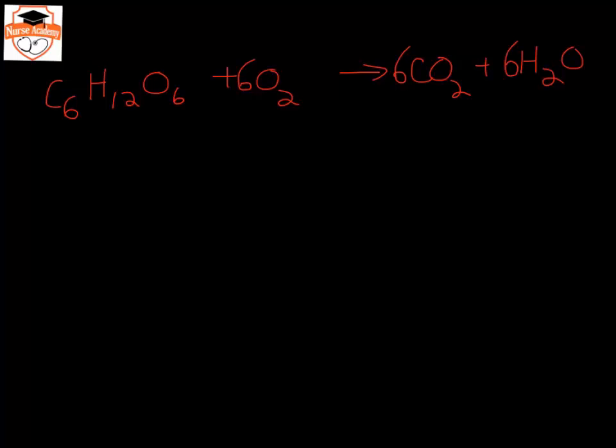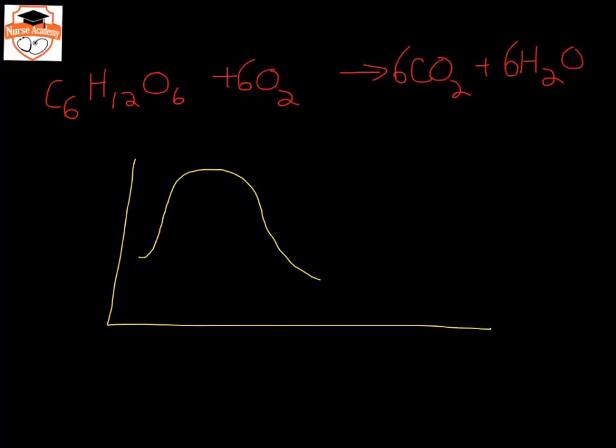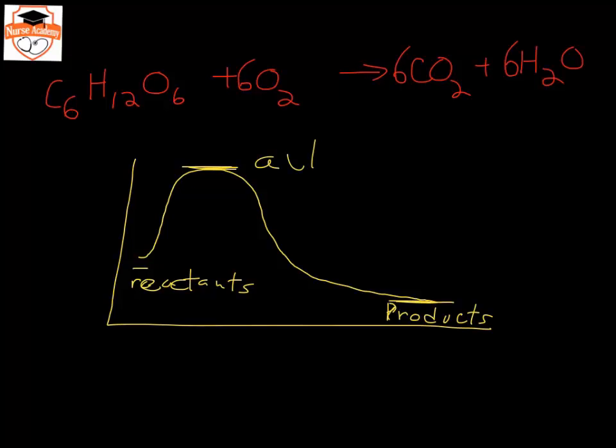So if we were going to do it as a combustion reaction, we would have to hit a certain amount of energy. If this is the energy of the reactants, and here's the energy of the products, and then the intervening energy between here and the products is the amount that's going to be released, which is very good for cellular respiration.